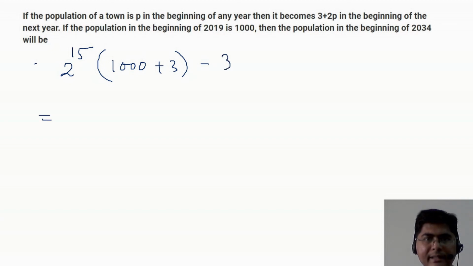So can I say 1003 multiplied by 2 to the power 15? So this is the answer.